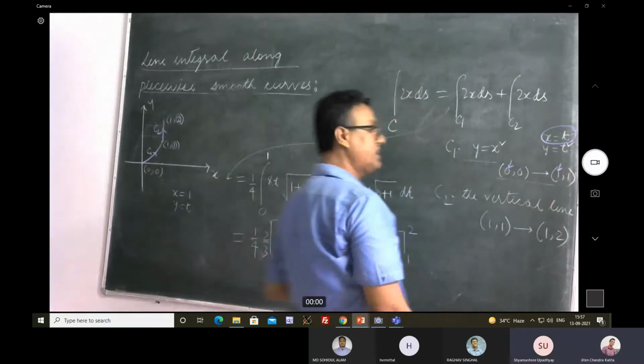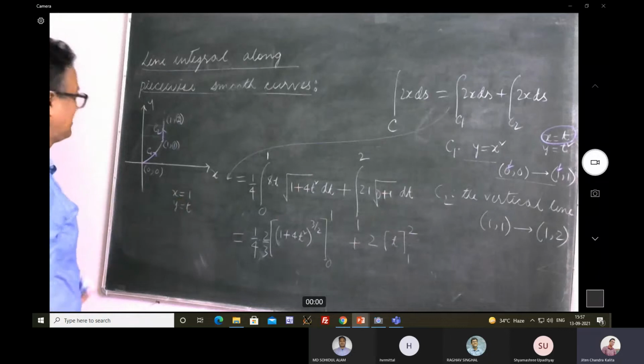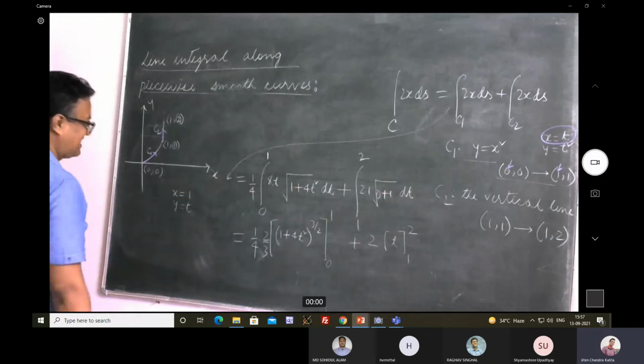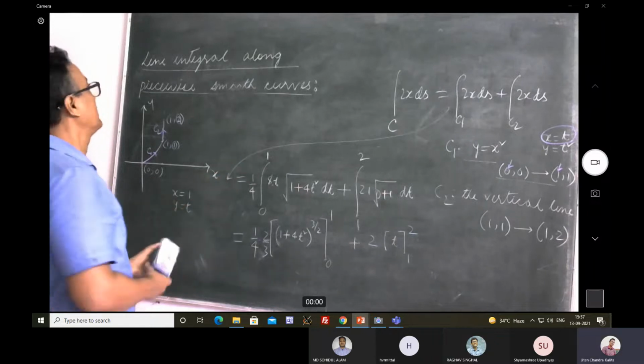So you simply integrate it and you are going to get the answer. I think this is something like 1 by 6 times (5 root 5 minus 1) and then plus 2.